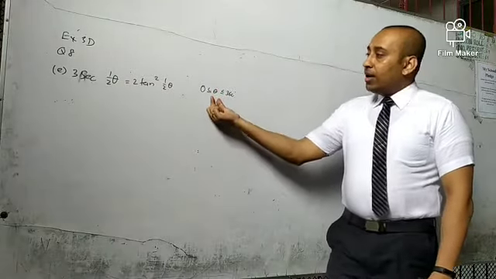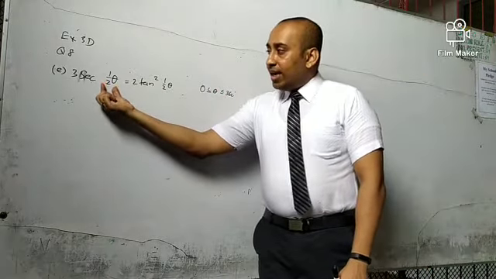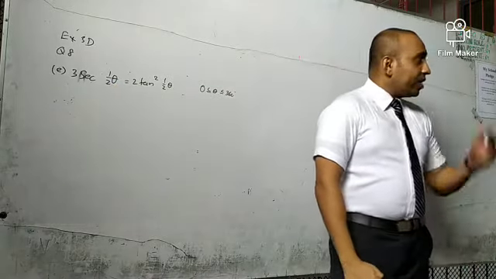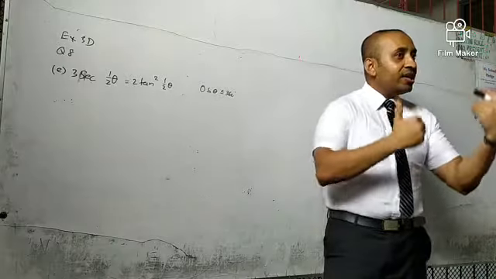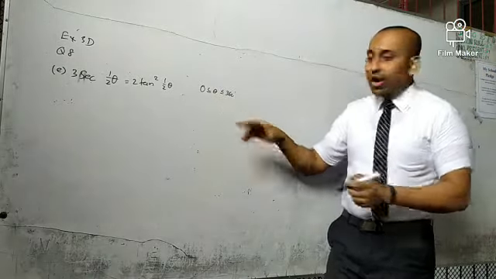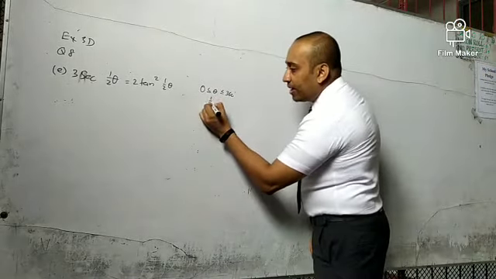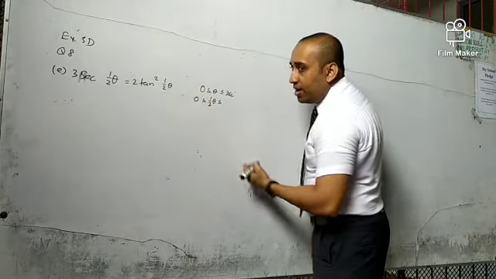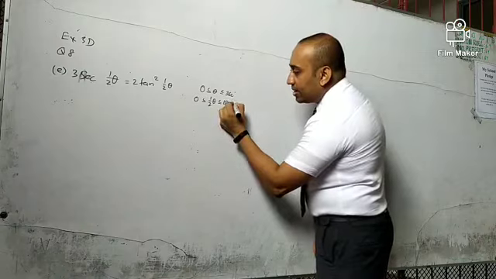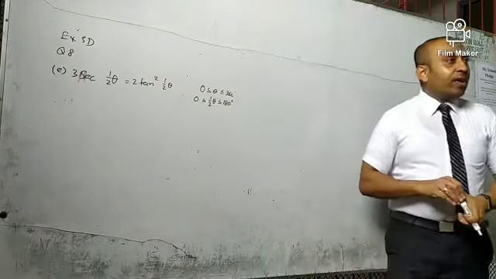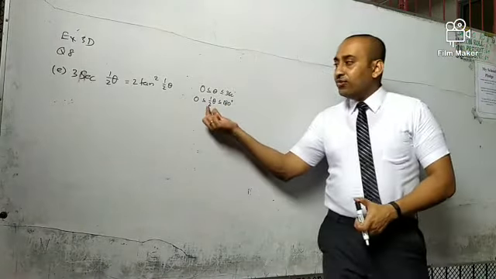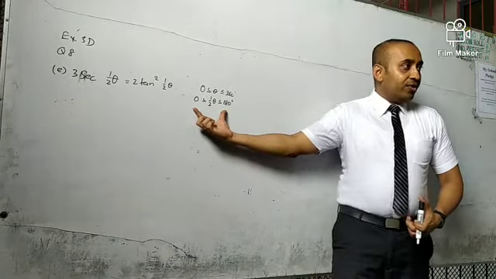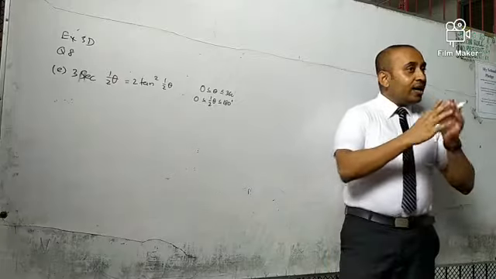Here the angle is half a theta, so the range is adjusted for half a theta. If this is half a theta, the range is also divided by 2: 0 divided by 2 is 0, and 360 divided by 2 is 180. Therefore, if you find the solutions for half a theta in this range, then only will you get reliable solutions for 0 to 360.